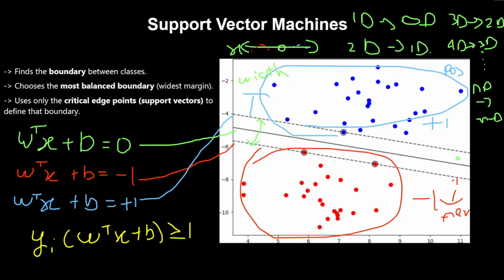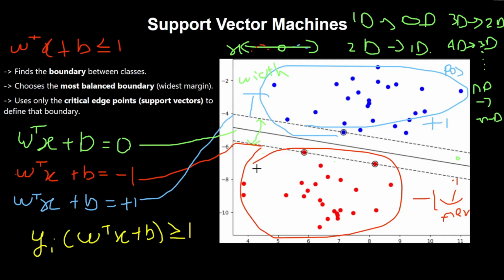So our original condition is that all the data points below this line must be negative. So this equation can be written as w·x + b is less than or equal to -1.